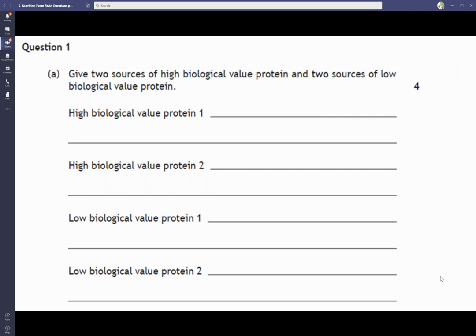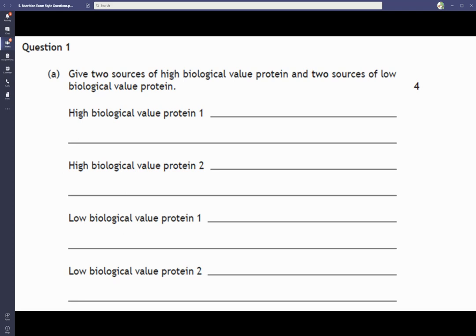I'm going to just give you some time to do that. Copy that down into your jotters. I'm going to just let you be able to answer that question. You should be able to provide 2 high biological value proteins and 2 low biological value proteins.